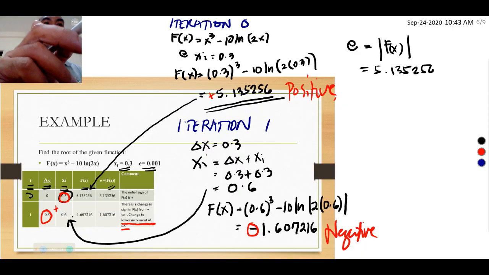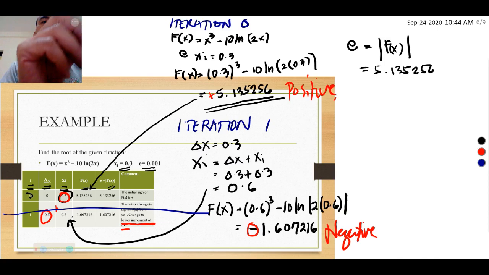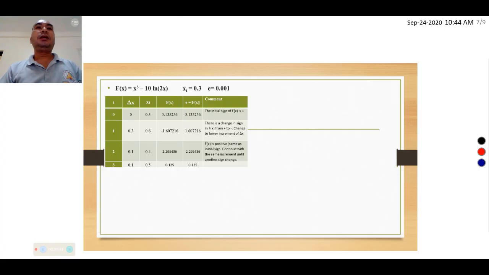So since there is a change in sign, again, let us just neglect the iteration 1 because there is a change in sign from positive to negative. In iteration number 2, so what is the value of delta x?